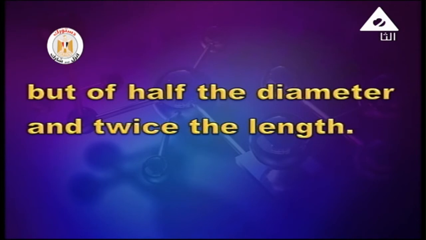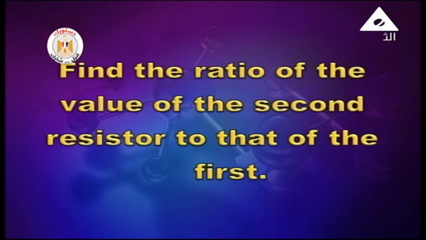So D2 equals half D1. Diameter of the second is half that of the first. Length of the second is twice the length of the first. L2 equals 2L1. Find the ratio of the value of the second resistor to that of the first.